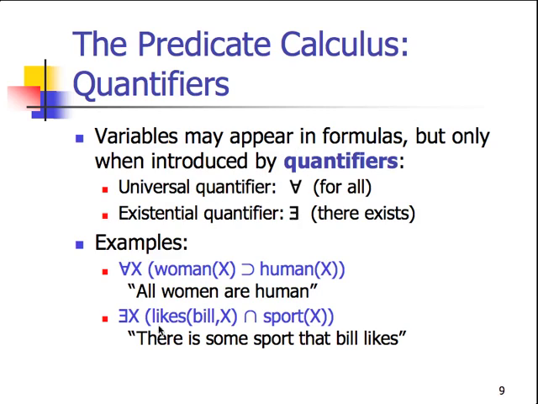We have all women are human. There is some sport that Bill likes, meaning that there's some sport. Nobody ever uses this symbolic notation. Instead, we write it out in English words. Just like we don't have to use lambda calculus in Scheme, we can write out the symbols, for all, there exists, all that stuff. The same thing is true for Prolog.